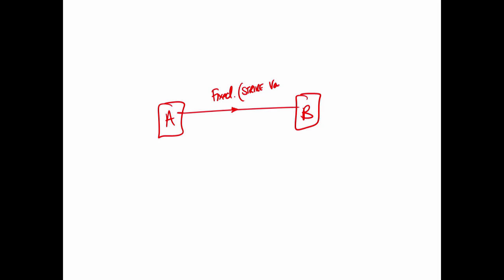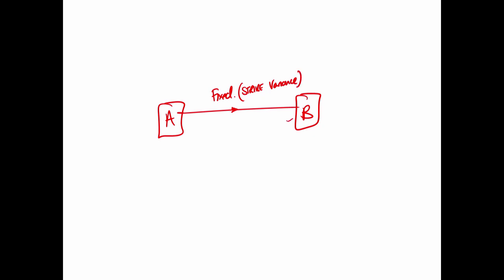So as we've done through the modules with swaps, we've always drawn the two counterparties and drawn the legs between them. So maybe A is paying a fixed leg, and that's known at the outset. That's often referred to as the strike variance.